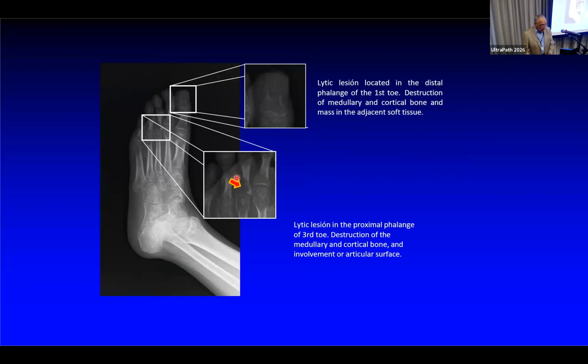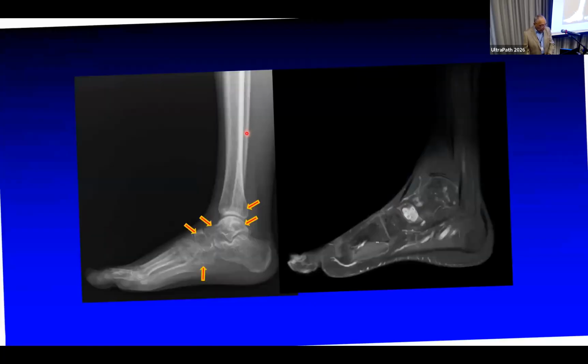And with this arrow, there's a lytic lesion, which is also on the phalanx. And here are lateral projections of the same bone lesions. And in T2, the MRI was brilliant.